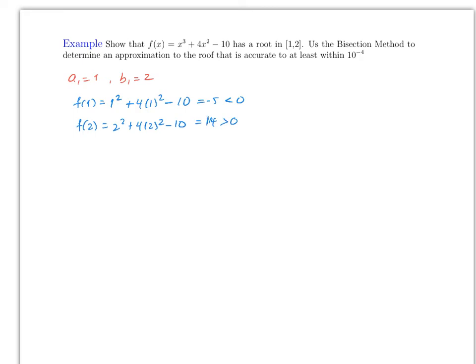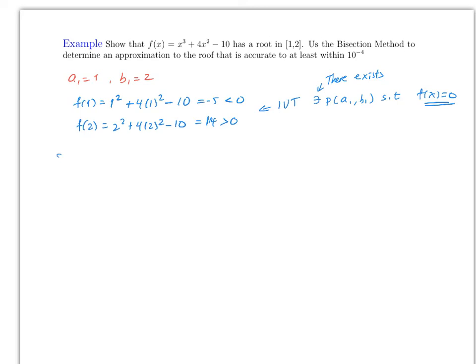So therefore, yes, by the intermediate value theorem, you know that there exists a value between A1 and B1 such that f of x is equal to 0. So it's guaranteed. It may take a while, but it guarantees that it will get there.